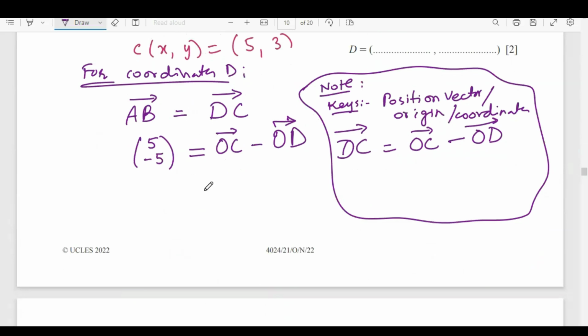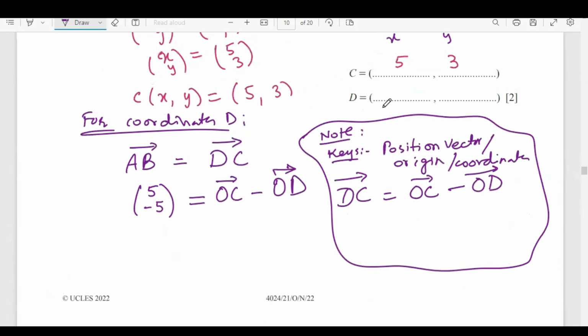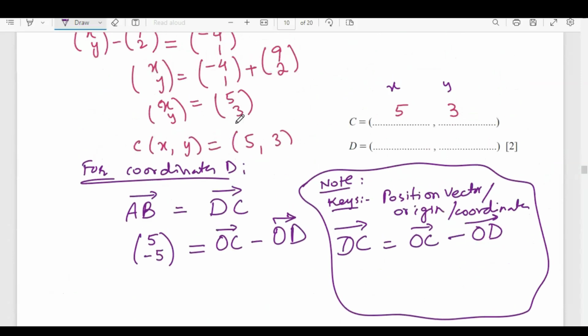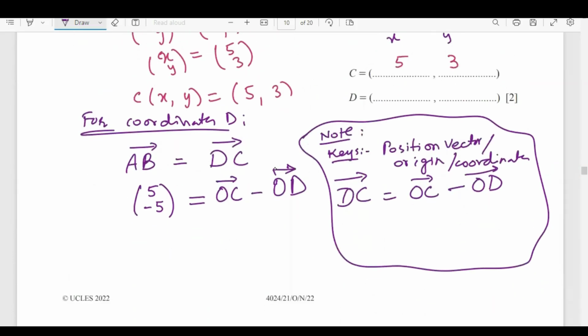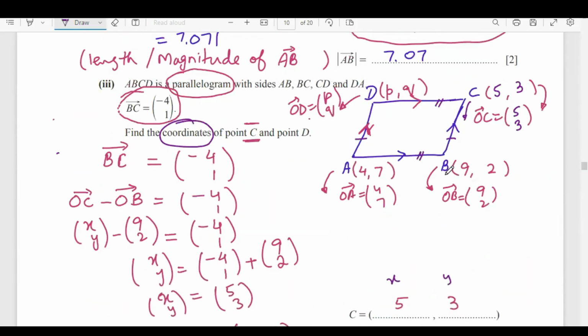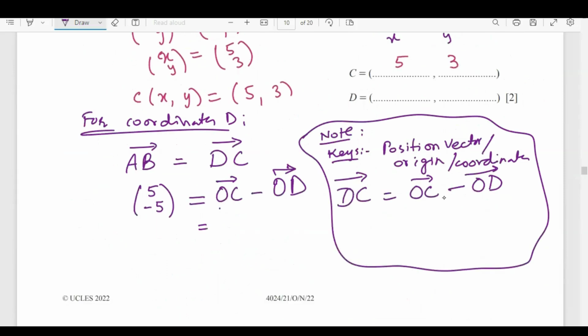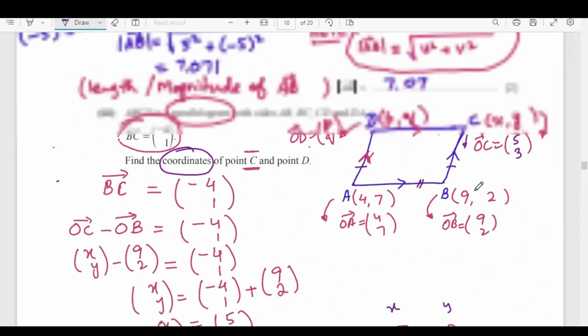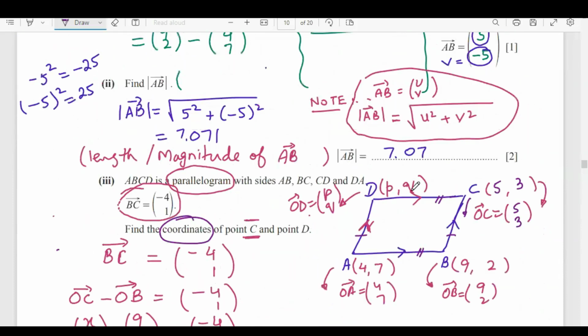Now come to the point. Find the coordinate of D. The vector OC was 5, 3. OC minus OD: we don't have OD, we have OD as PQ. Look at the diagram. P comma Q is the coordinate and OD equals PQ, the position vector or column vector.